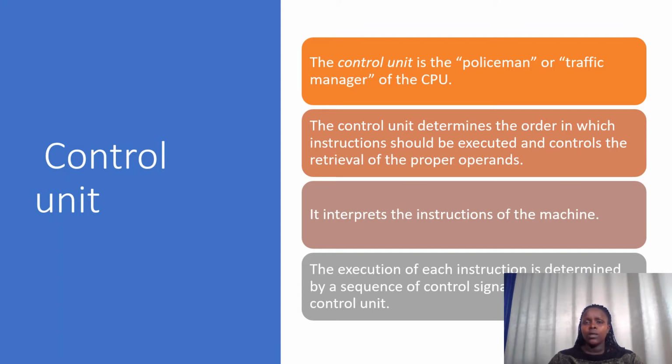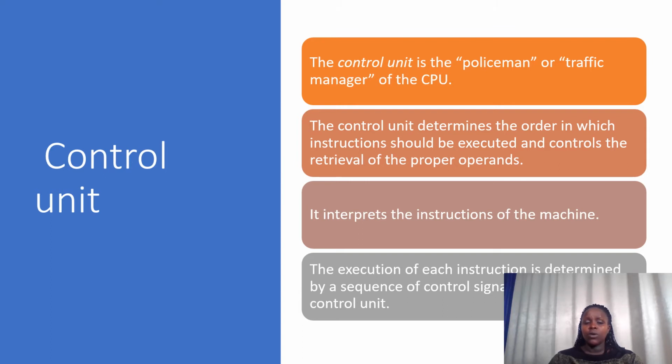So one part of the CPU is designed to control or determine the order to retrieve the instruction, the way that instruction will be executed, and the proper operand needed for execution of that instruction.